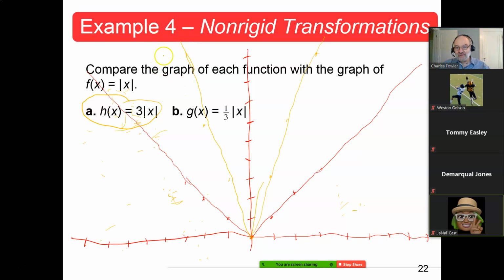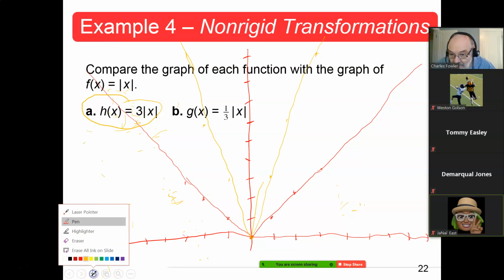The g of x here, if I could find it. Oh, what color do you want with g of x? Okay, we still have black, a dark red, light red, a yellow, a sage green, a bright green, a light blue, a middle blue, a dark blue, and a purple.